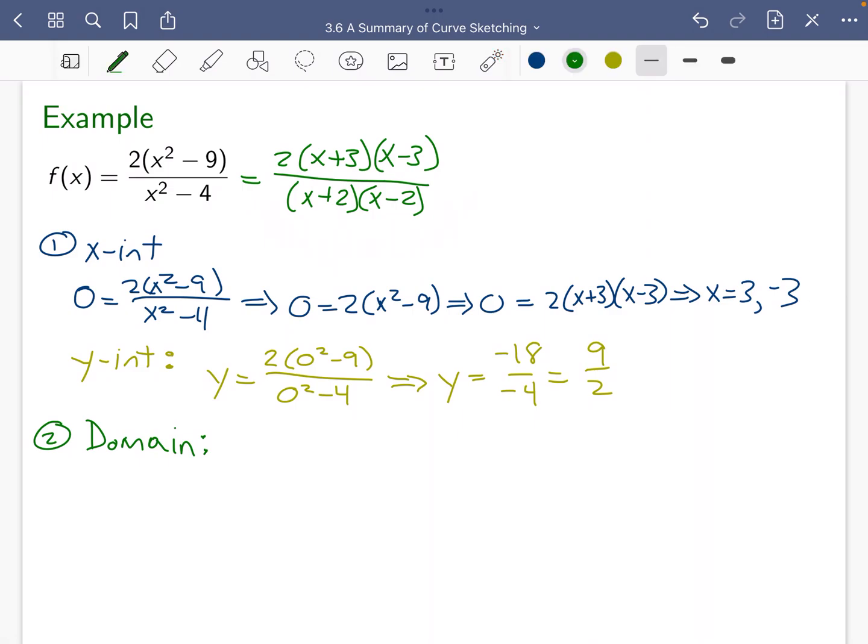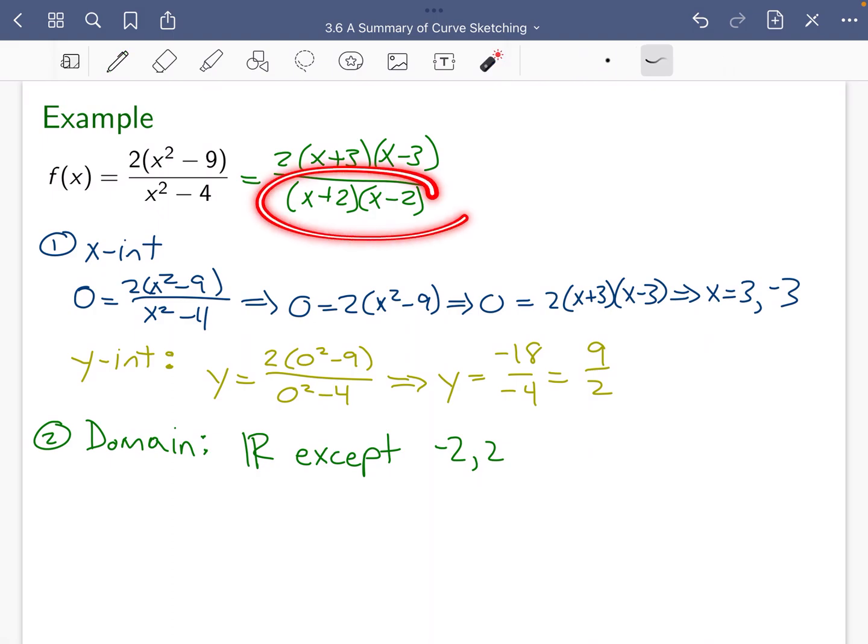And so our domain is going to be all real numbers except for -2 and +2. Right? So if we were to plug -2 into this denominator, we would be dividing by a 0. If we plug +2 in, we would also get a 0. So both of those values would make that denominator 0. So those values will not be in the domain of that function. Great.